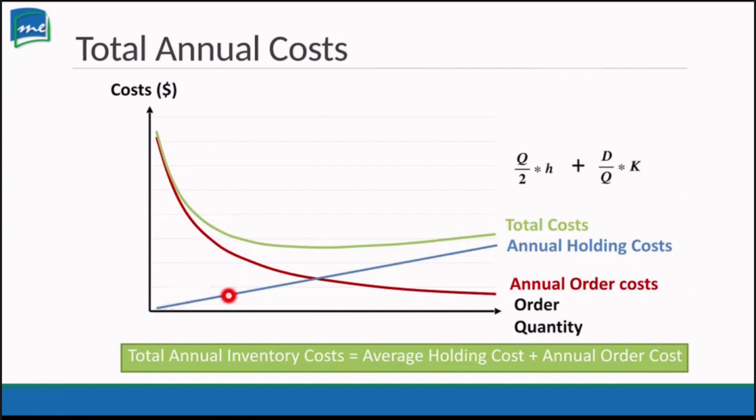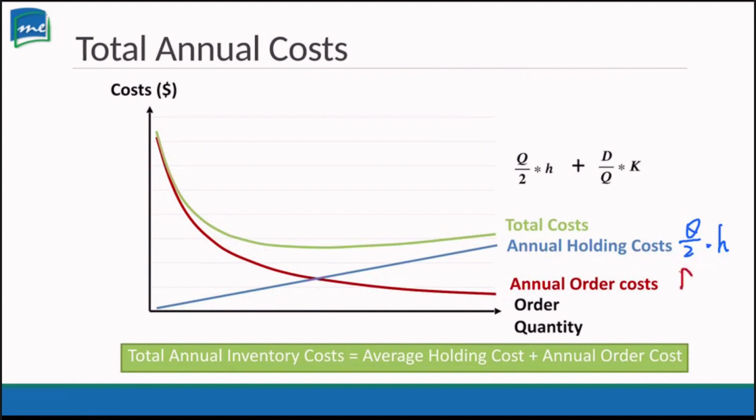The blue line here is the annual holding cost, which is half Q times the holding cost. This is the average quantity you keep on hand for each period, and this is the holding cost per unit. So this is the total holding cost. And the red line here represents the annual ordering cost.